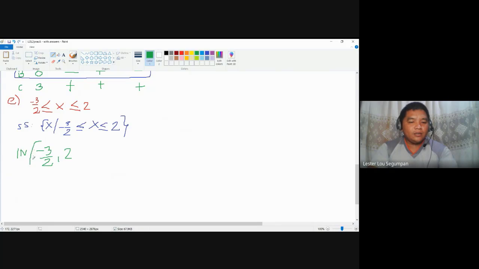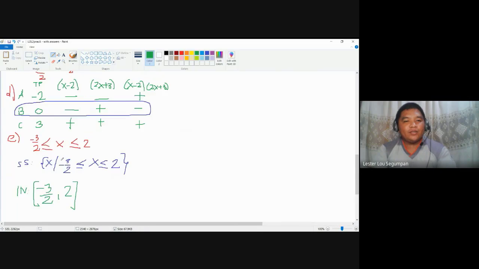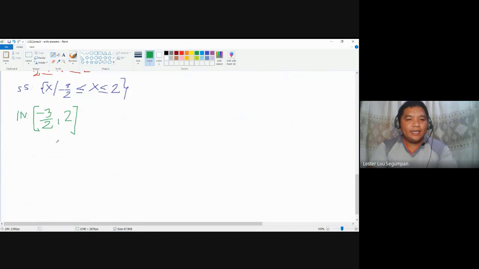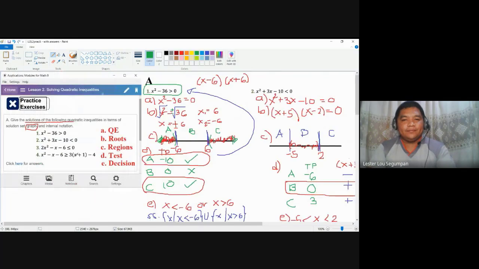We will use here brackets to determine that both are included. Why are both included? Because when you substitute here in the given, it will still be equal to 0, and there is an equality here. Okay, so this is the third item.